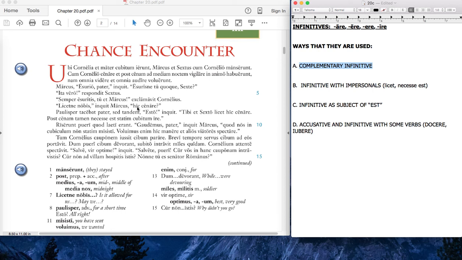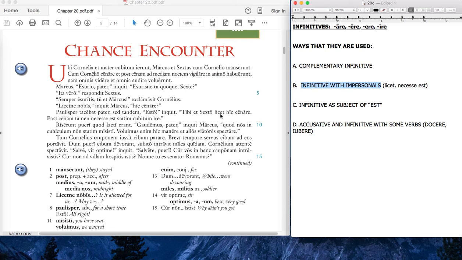Now, you might say that that completes the sense of licet here, but licet happens to be an impersonal verb, as it says right here, licet and necesse est. So you could say that the use of this infinitive here, cenare, is that it is an infinitive with an impersonal like licet.